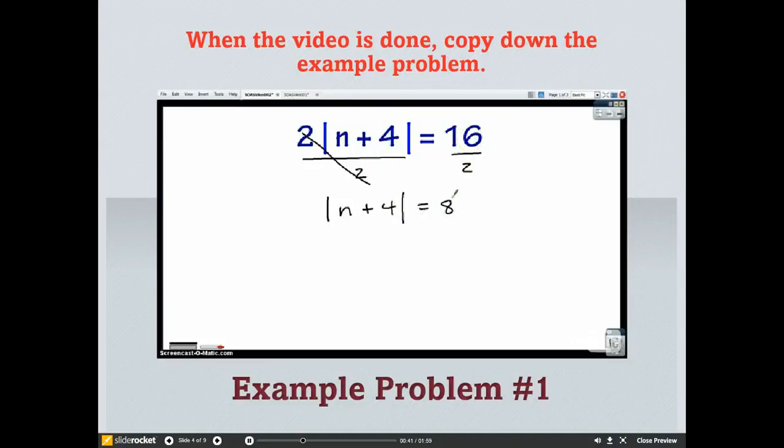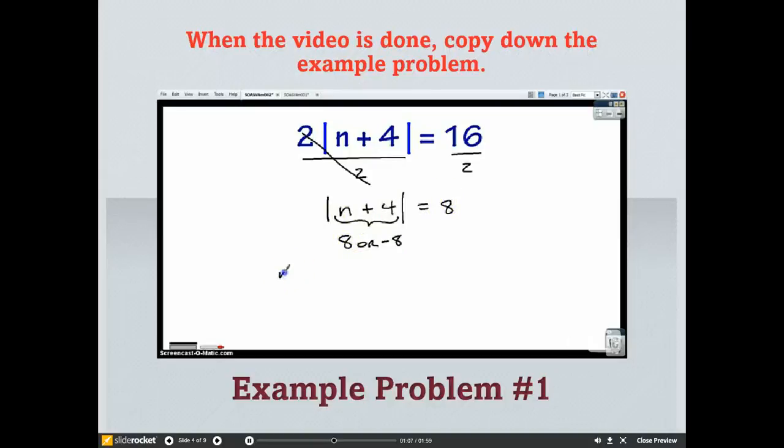And now we can think about it logically in terms of absolute value, positives and negatives. Once again, we look at what's inside the absolute value. And what we're thinking about is, what do we want all this to turn into? Well, we want it to turn into an 8, because when we take the absolute value of 8, we get 8. Or we want it to turn into negative 8, because the absolute value of negative 8 is still 8. So I basically make two equations.